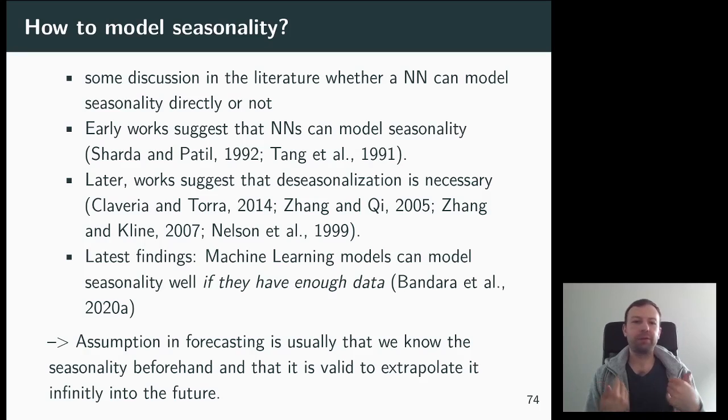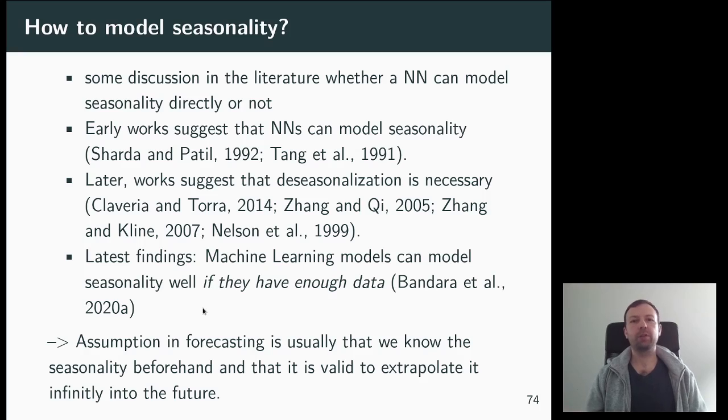So to a forecaster's mind, there is nothing wrong to just say, I have a daily series, I assume there will be a weekly seasonality, which means I have a cycle of 7, and that's not something I need to discover from the data, that's something I just assume. And I also assume that in 10 years' time, a weekend is still going to be a weekend and a weekday is going to be a weekday, and they're going to show certain patterns.